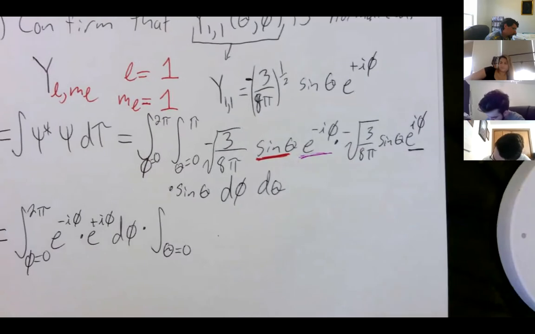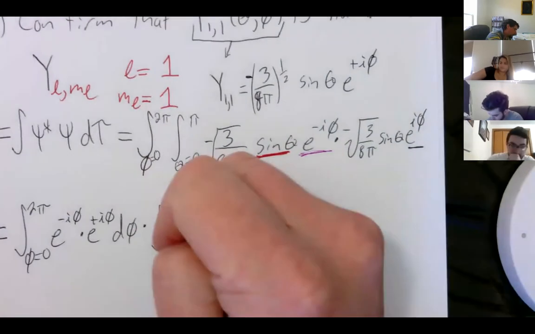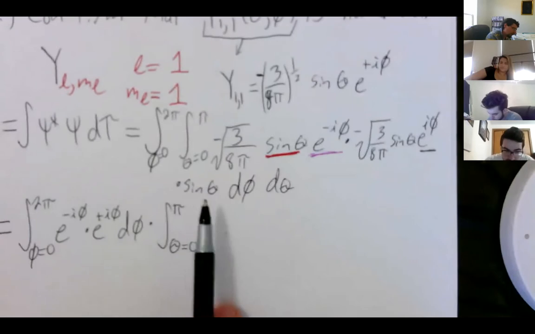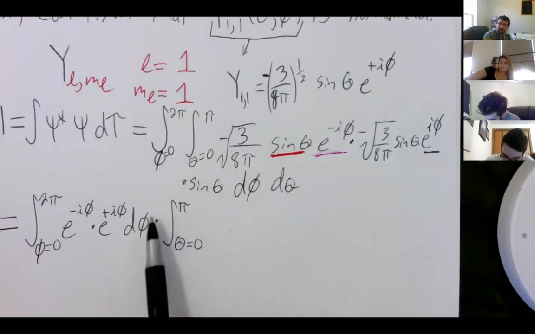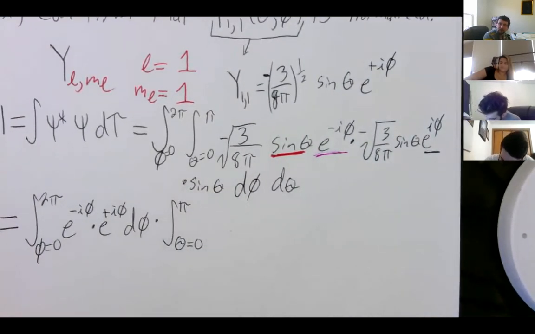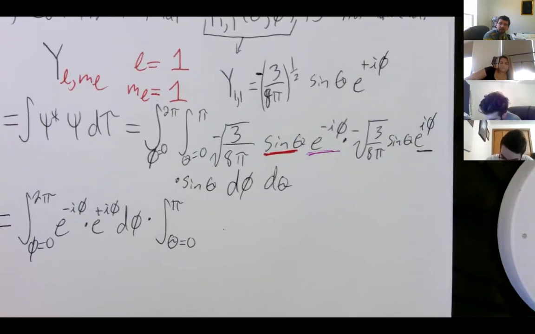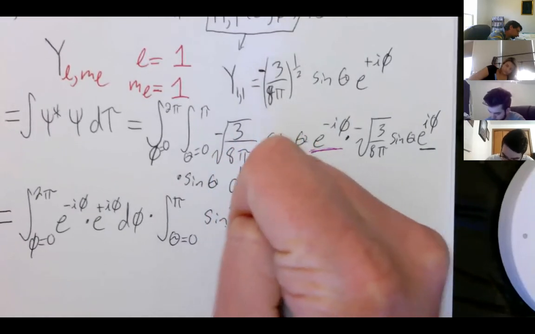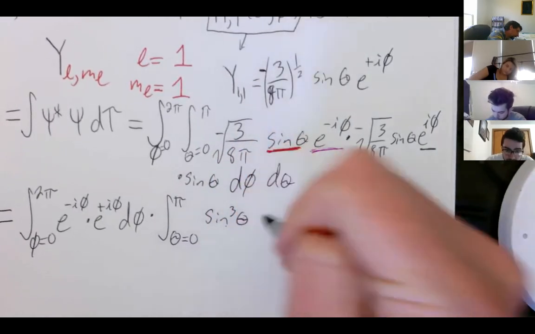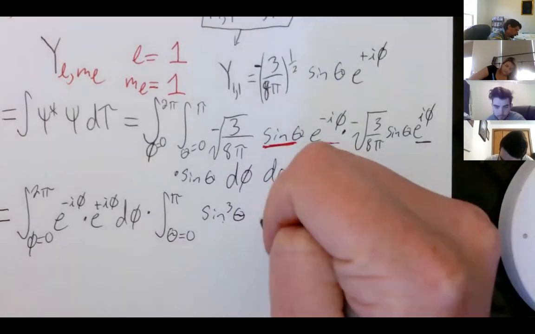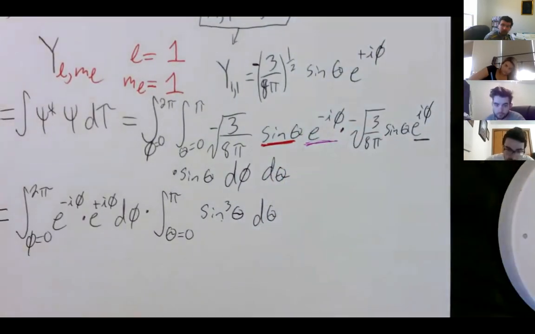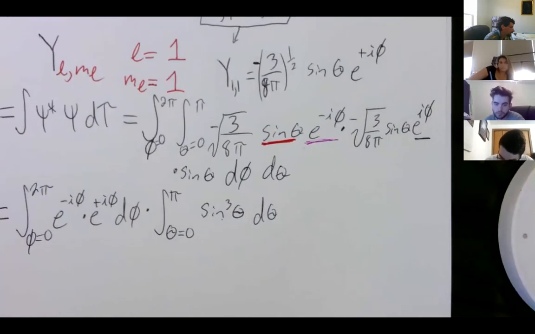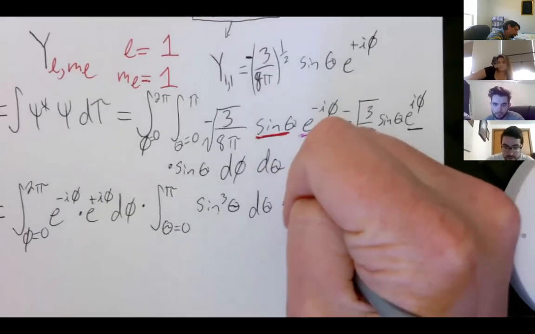So let's combine terms. What's the rest of this integral going to look like? Sine cubed theta d theta, and we're forgetting one more thing, the 3/8 outside of it.